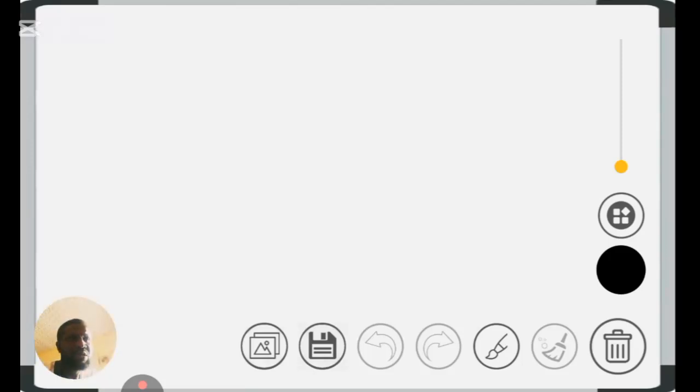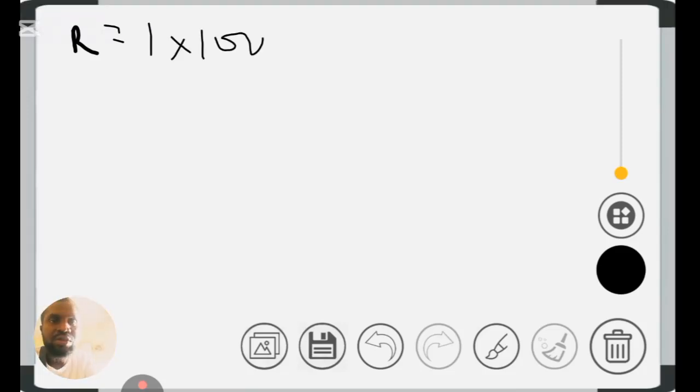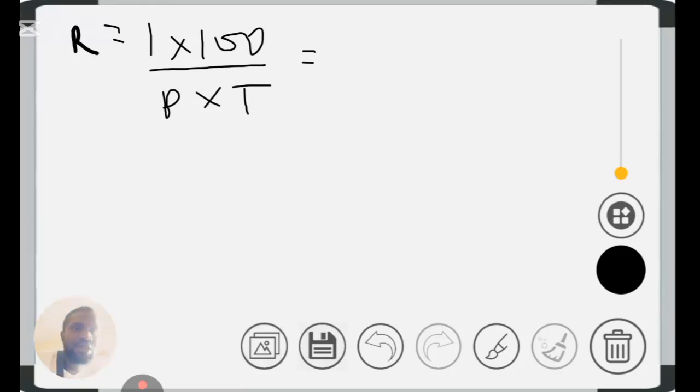Remember what's our formula? Our formula is rate is equal to interest times 100 divided by principal times time. So all you need to do is substitute the number each letter represents.